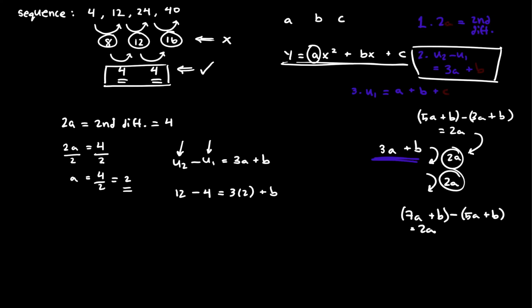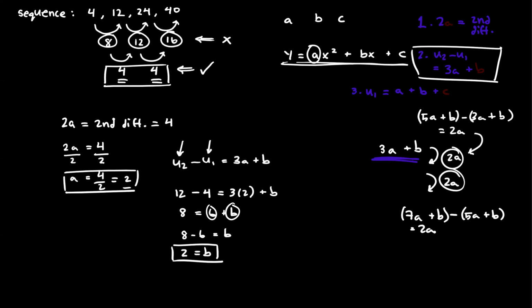So we can say that 8 equals 6 plus b. And so 8 minus 6 equals b. Sorry if these are confusing. This is a 6 and this is a b. So 2 equals b.